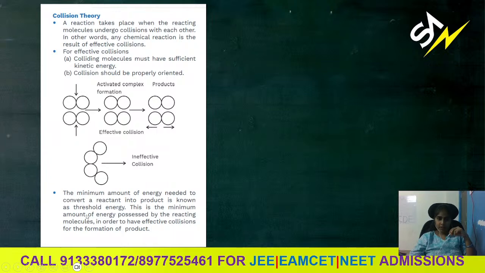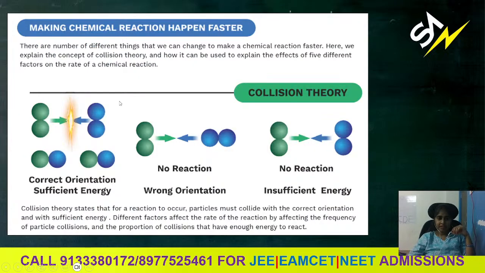This is the minimum amount of energy possessed by the reacting molecules in order to have effective collisions for the formation of product. So this threshold energy is possessed by the reactant molecules. Since they undergo kinetic collisions, they form products. So threshold energy is exhibited only by reactant molecules.